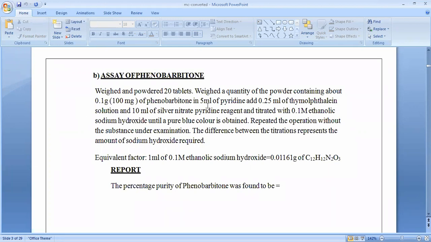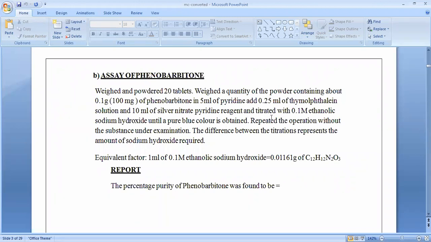We dissolve it in 5 ml of pyridine and 0.25 ml of indicator, then add 10 ml of silver nitrate pyridine reagent and titrate with 0.1 molar methanolic sodium hydroxide solution until a pure blue color is obtained.